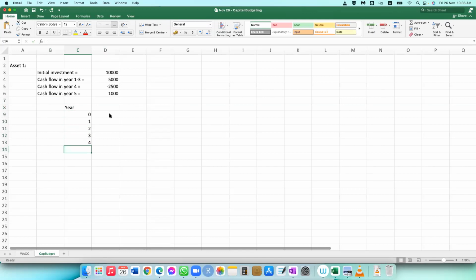Yeah, from year 1 to 5 years, and year 0 is to represent the current time. Okay, that's right. 5 and 6. No, we don't need the 6 because it will end in year 5. Okay, so these are the years.